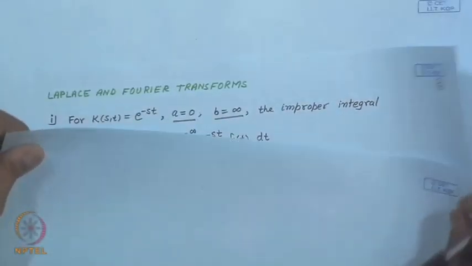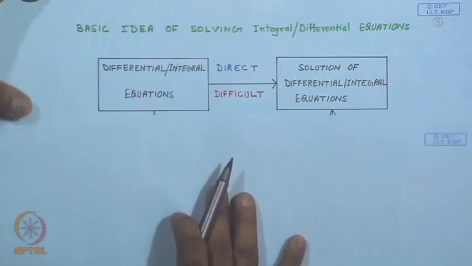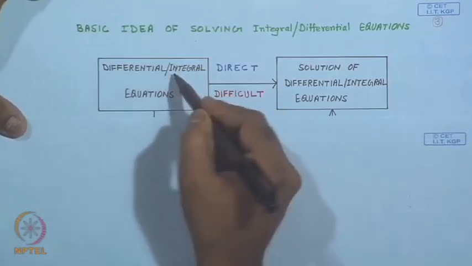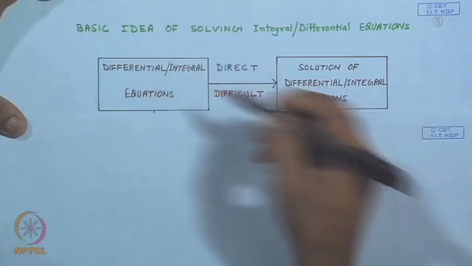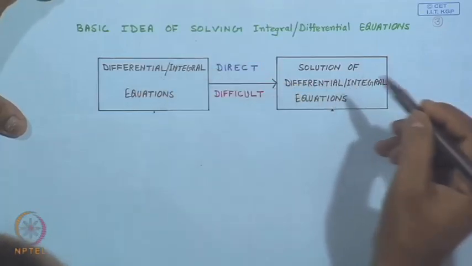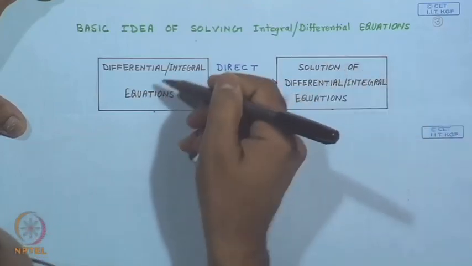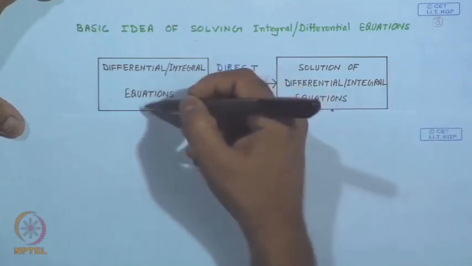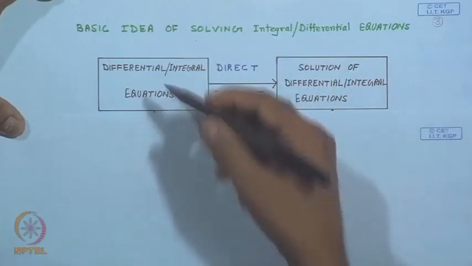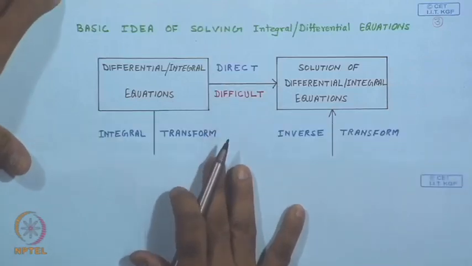Okay, so this basic idea of the transform for solving integral or, in general, differential equations, I will explain once again. Here we have, for example, differential or integral equations, and if we directly try to solve these equations, it may be difficult to get the solution. How do these transforms help to get the solution? It is as follows.